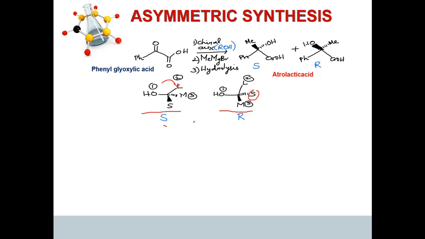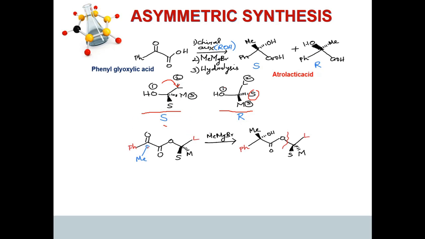So the first step in understanding Prelog's rule is that it states that you have to take phenyl glyoxylic acid and treat it with a chiral alcohol. When I treat it with a chiral alcohol, I end up with a product. So I have taken my phenyl glyoxylic acid, I have treated it with, say, the S alcohol, and I end up with this ester.